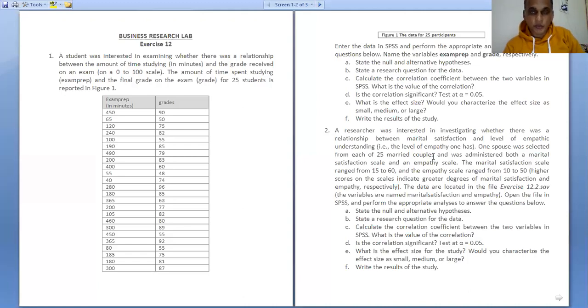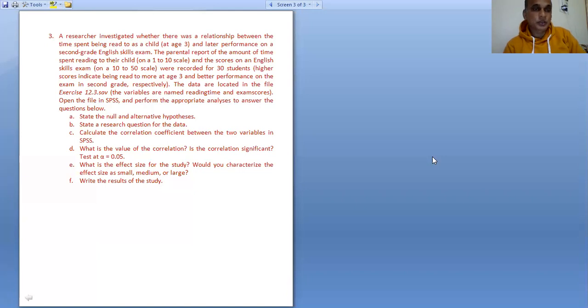So now we are moving to question number 3. Here the question is: a researcher investigated whether there was a relationship between the time spent being read to as a child at age 3 and later performance on a second grade English skills exam.